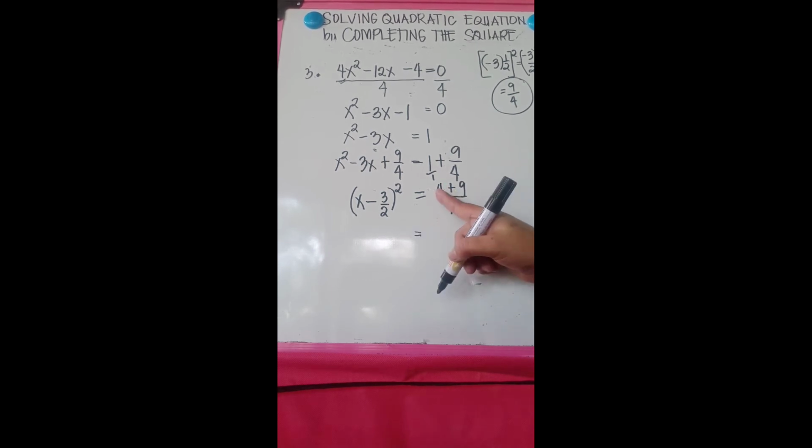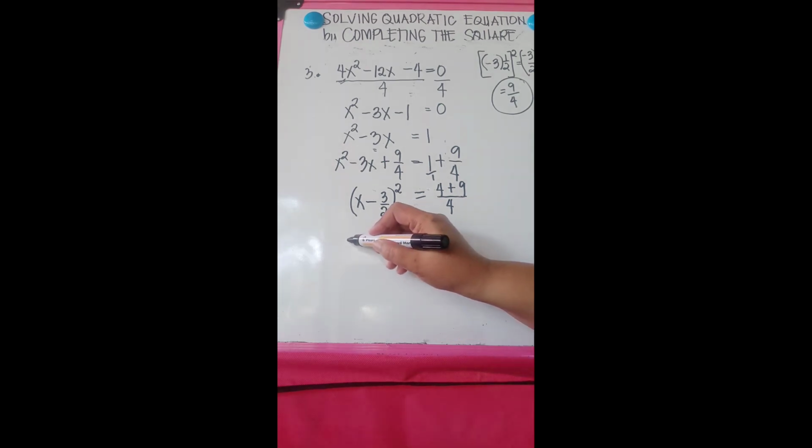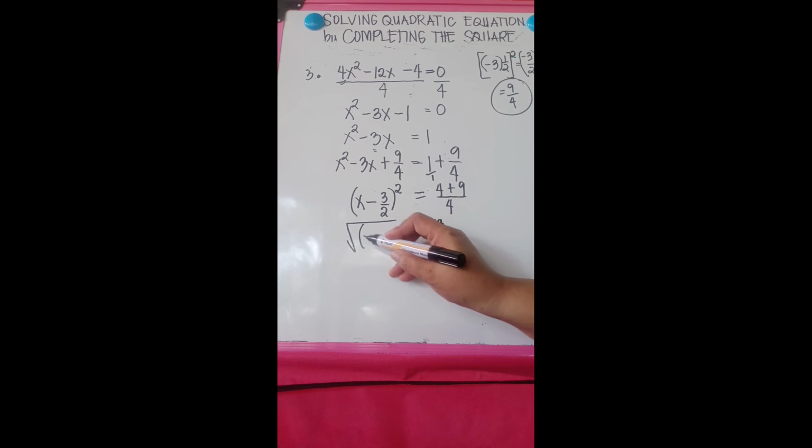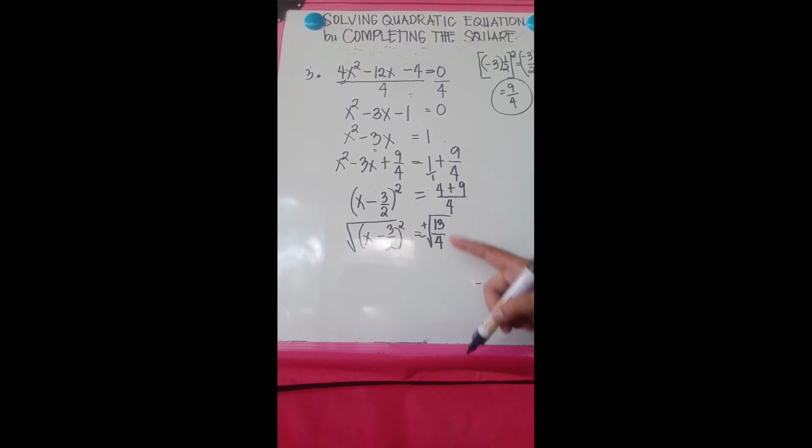So, ngayon, 4 plus 9 is 13 over 4. Then, extract now the square root. So, x minus 3 over 2 squared. Then, positive, negative, square root of 13 over 4.